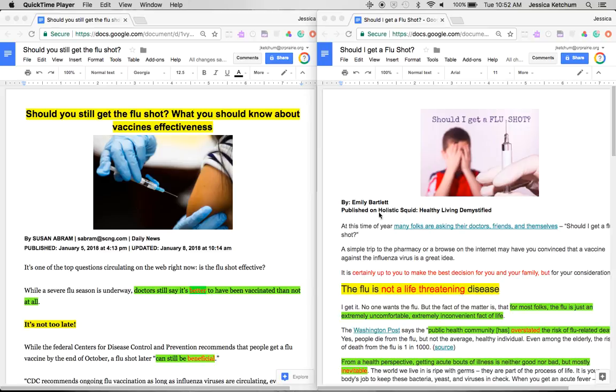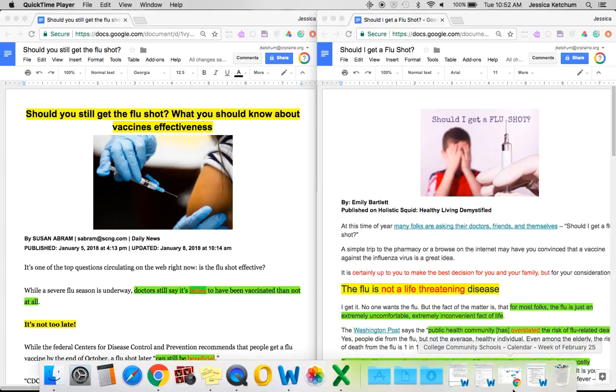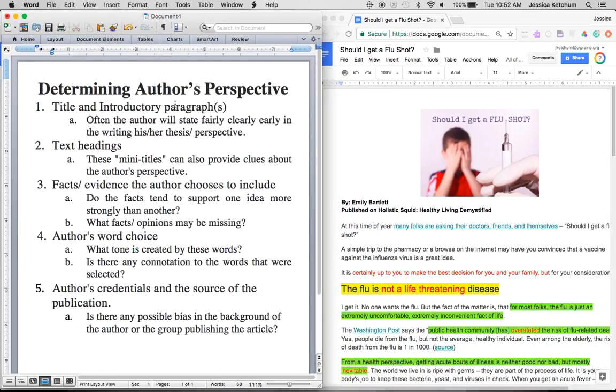And thinking about that idea of holistic is more about letting your body take care of itself and maybe not always approaching it just from the straight medical approach, kind of gives you that insight that perhaps Emily has some bias here about how she feels that our body should be treated for medical reasons, taking care of itself and using more natural remedies.